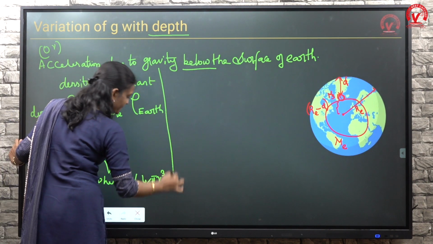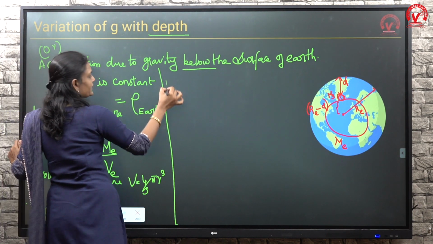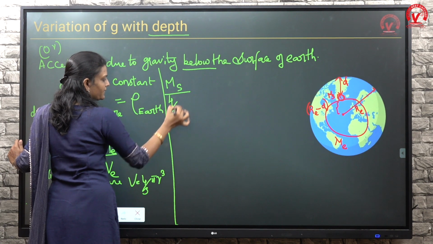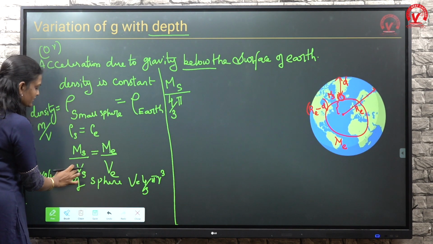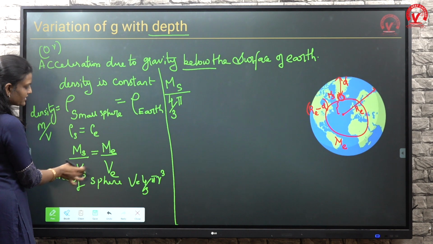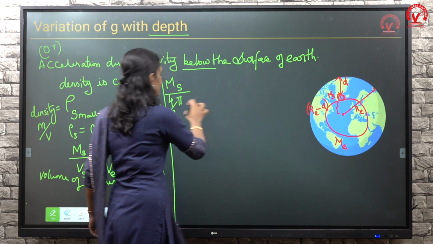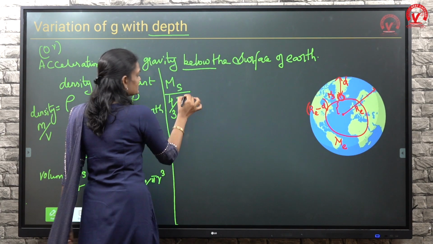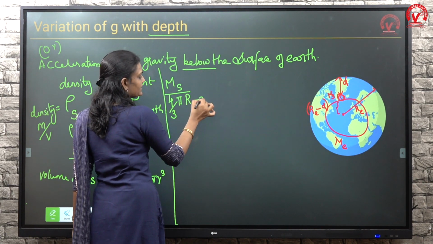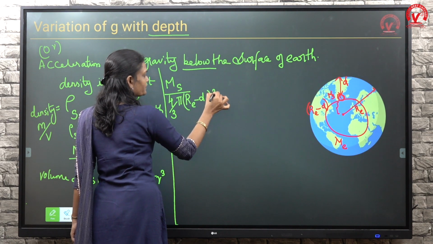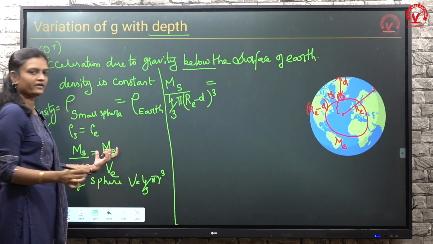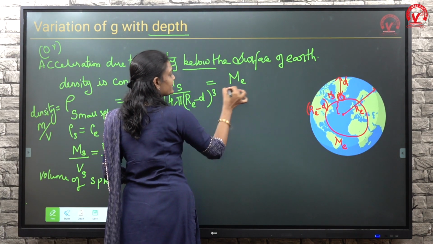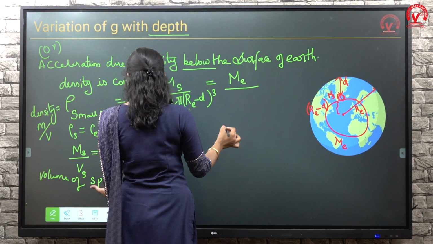That is Ms divided by 4 by 3 pi r cube, where for the small sphere the r is Re minus d, so Re minus d the whole cube, is equal to Me, the mass of the Earth, divided by the volume of the sphere.